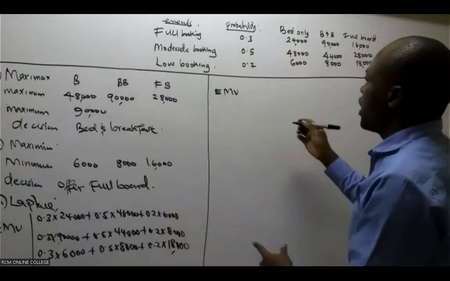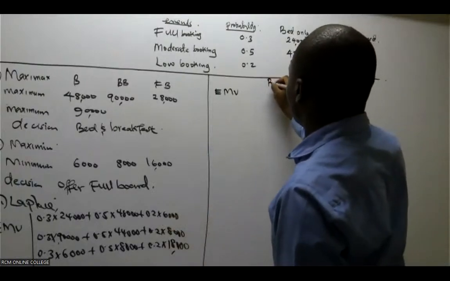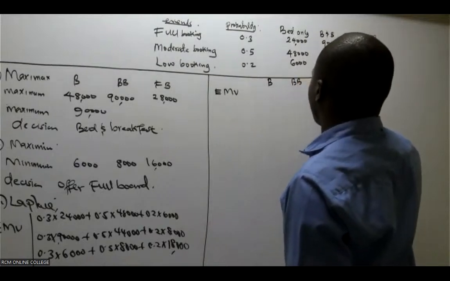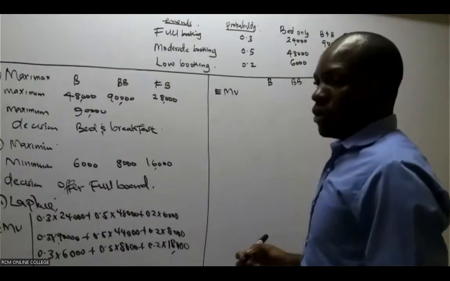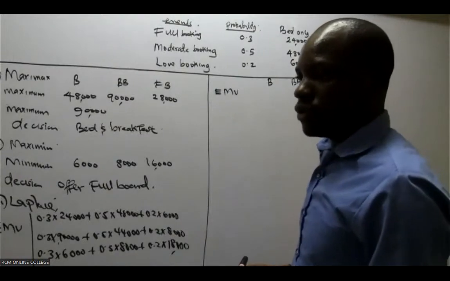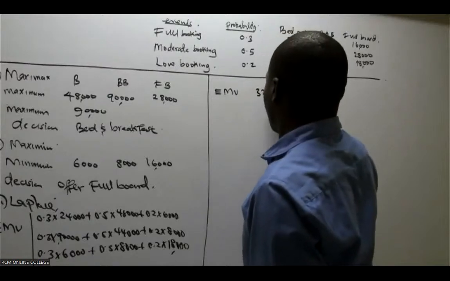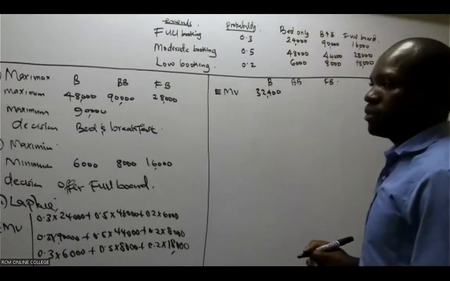Expected monetary value. So we have bed only, bed and breakfast, and full board. Number one, 32,400. So I'm told this one is 32,400 for bed only.